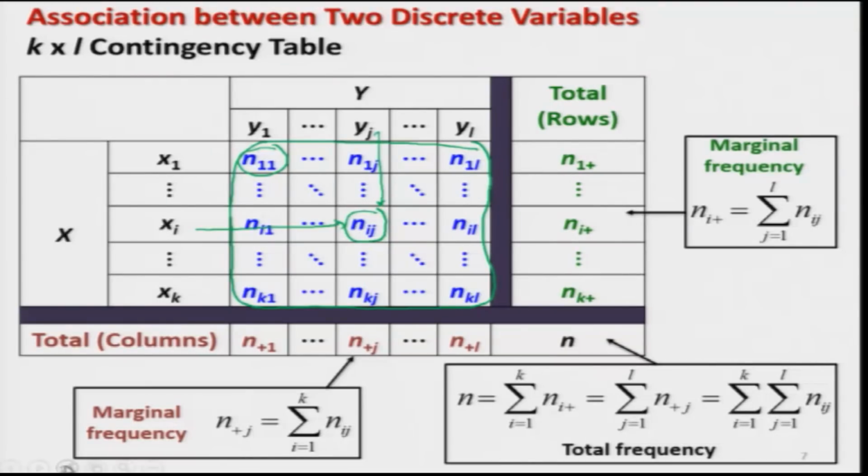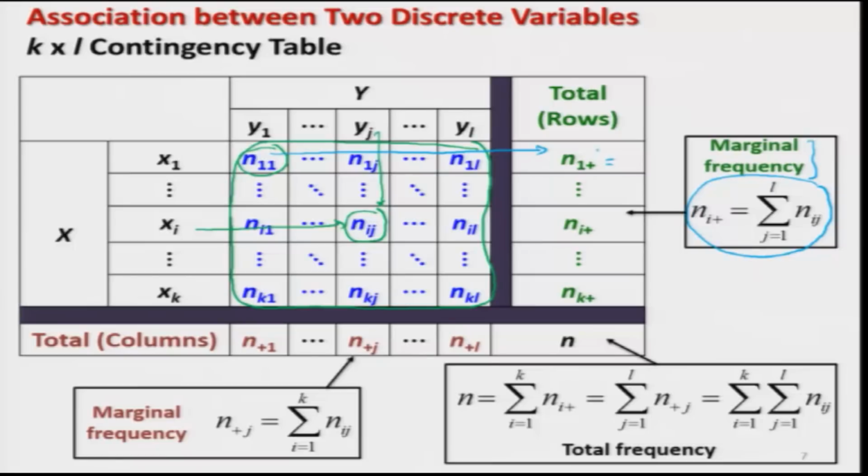Now, we try to find out the row sums and column sums. So, we add all these frequencies here. This is n1 plus, equal to n11 plus n12 plus n1j up to n1l. This is denoted here, and this quantity is called the marginal frequency.